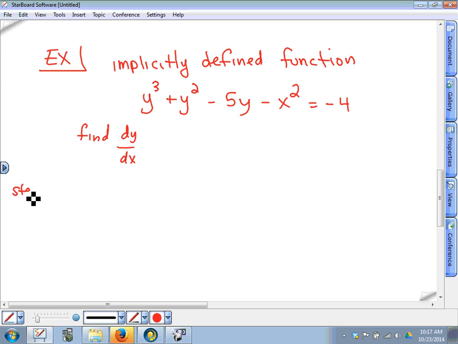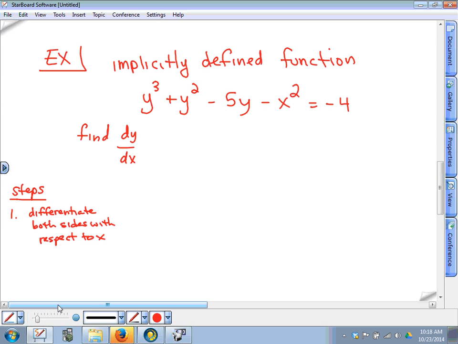So let's just keep a little teeny list of steps. Step 1 is to differentiate both sides with respect to x. Both sides of what?